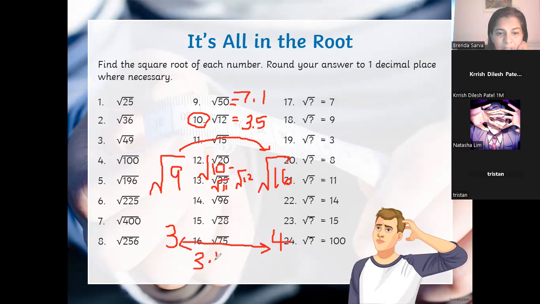That means it can be 3.1, 3.3, 3.4. It won't be more than 4 because 4 is the square root of 16. So if you tell me the square root of 12 is 3.5, yes, very logical. It's between 3 and 4.